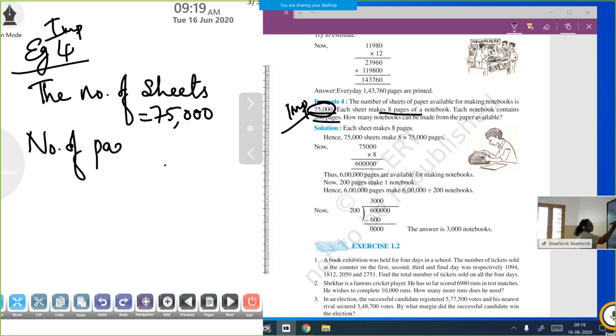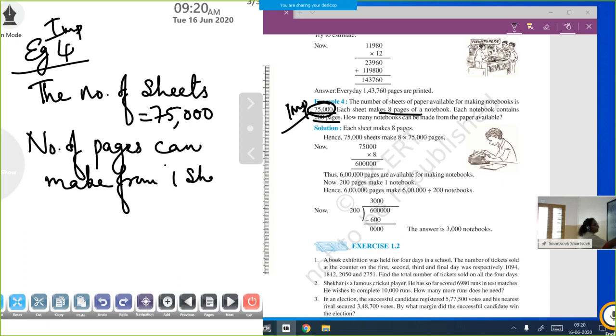Number of pages we can make from one sheet is equal to how many pages? 8 pages.